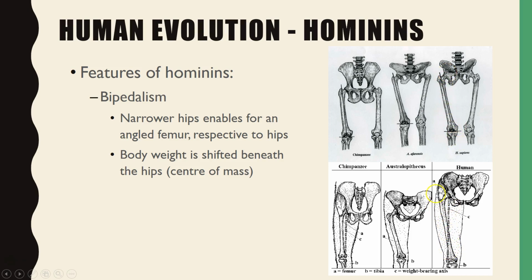If you look at the human body weight here, the weight of the upper body or torso is directly underneath the pelvis due to the angle of the femur, whereas the body weight over here on the chimpanzee cannot be distributed as easily, therefore they have a knuckle walking style, whereas humans can walk upright. And A. afarensis, well, Australopithecus is an earlier human form, a hominin, and they can also walk upright because they had angled femurs.